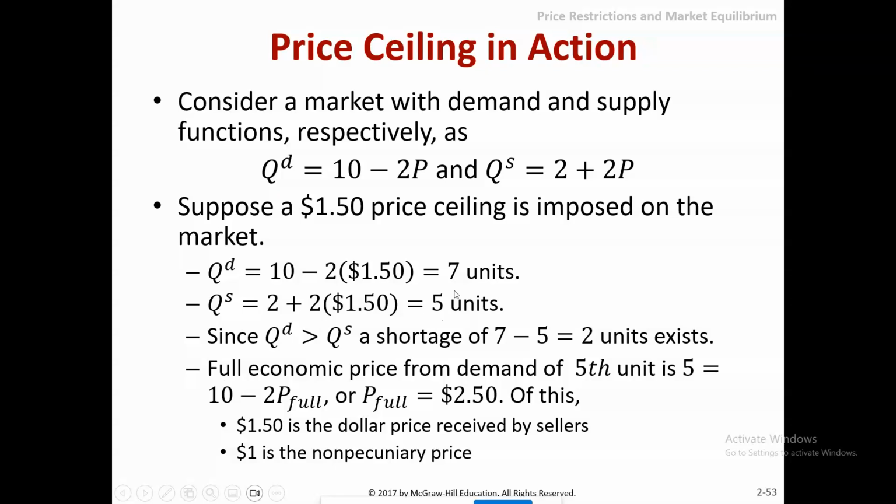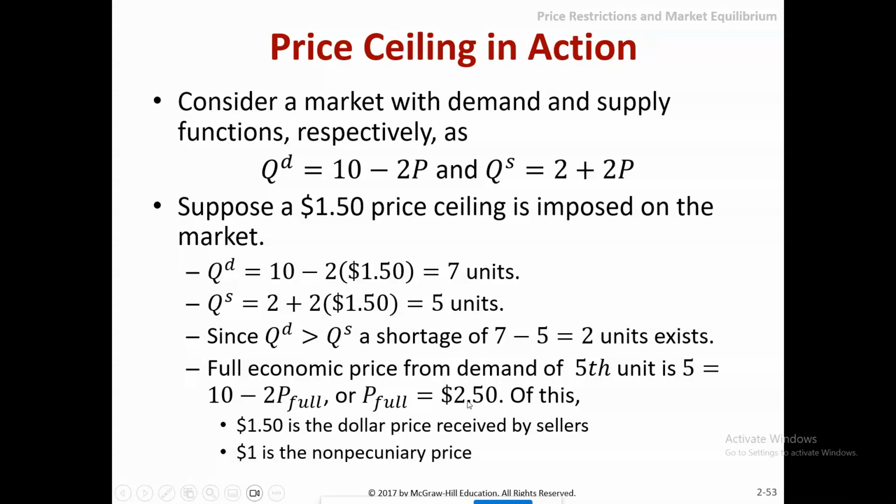Then what is the full price at 5 units? You need to plug 5 units into the quantity demand function. So at 5 units, what is the full price consumers are willing to pay? You make 5 equal to 10 minus 2p. Full price means the price at the 5th unit.